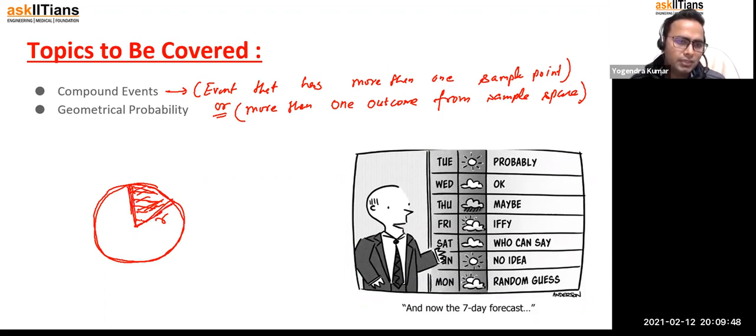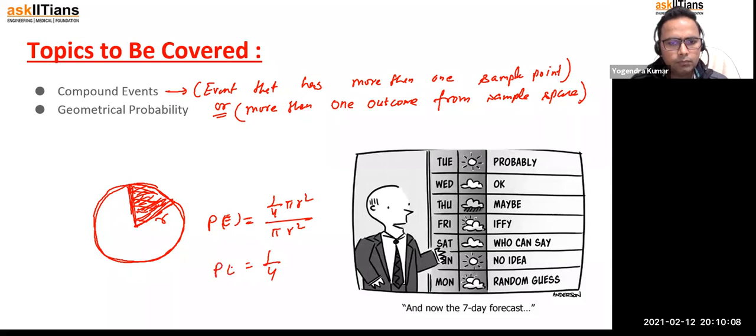If it is chosen from this shaded part, what is the probability? The shaded area is 1 by 4 of pi r square, divided by pi r square. So this is going to be 1 by 4. This is geometrical probability, simple, right?